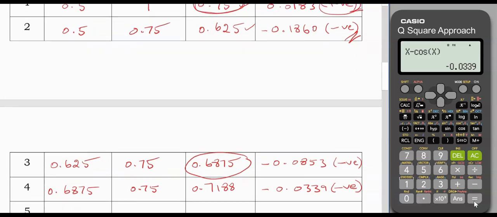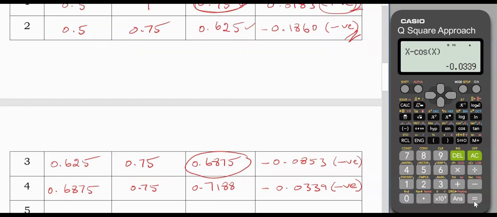So the root lies between 0.7188 and 0.75. From the calculator, give A equal to 0.7188 and B is 0.75.